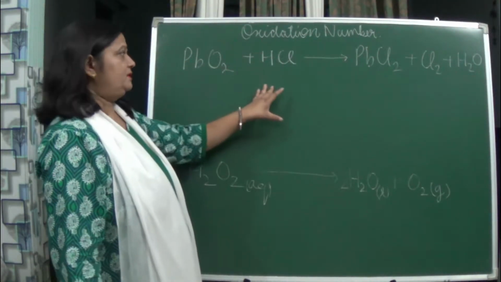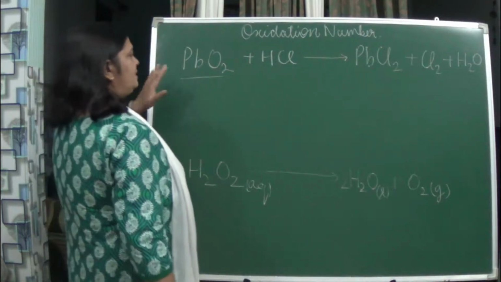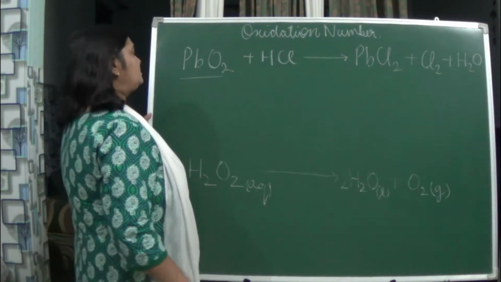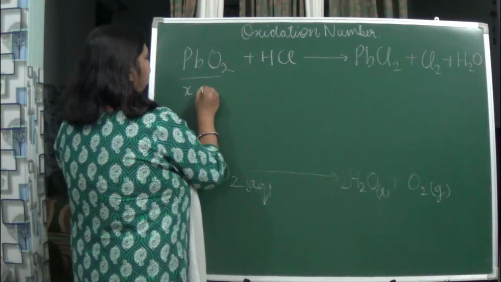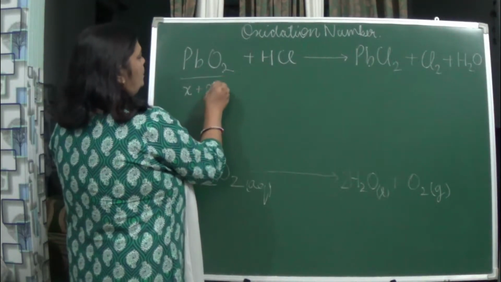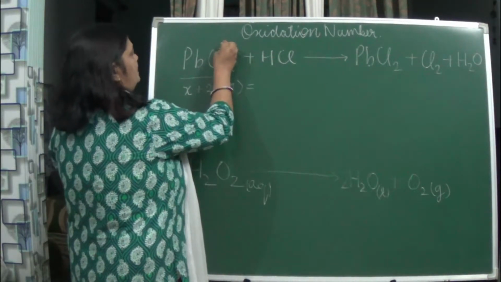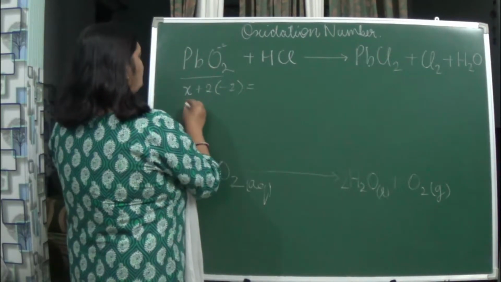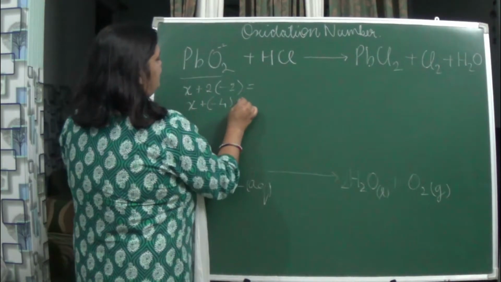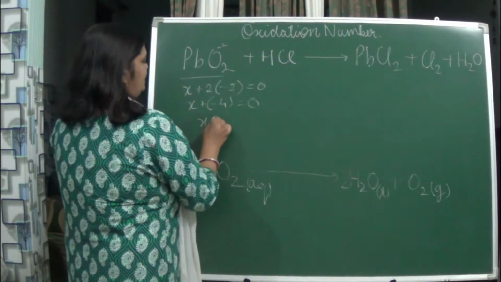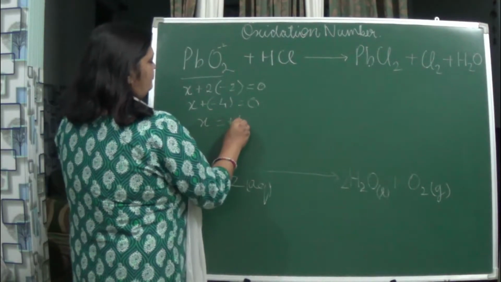Taking PbO2, we take -2 for oxygen, and lead as X. So X plus 2 into -2, the oxidation number of oxygen, becomes X plus -4 is equal to 0, so X is equal to plus 4.